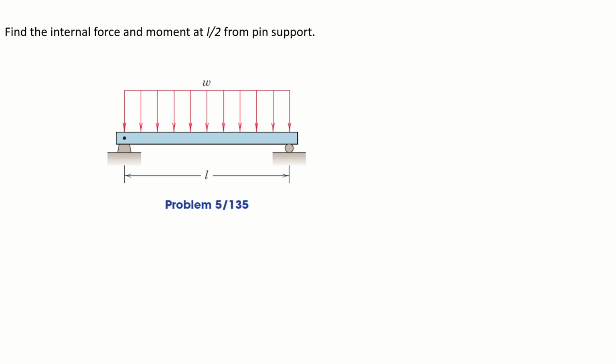The question here is, you are asked to find the internal force and internal moment at L per 2, which means exactly in the middle. Unfortunately for you guys, the homework for you is the internal force and moment at L per 4 from the left pin support. So the one that I discuss here is slightly different.